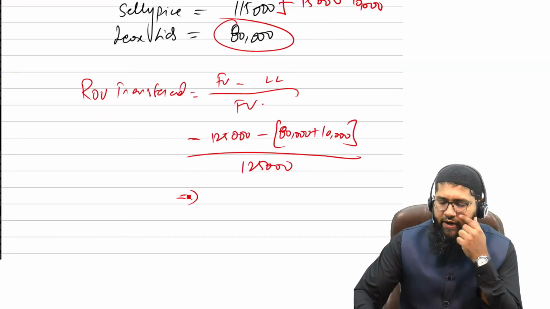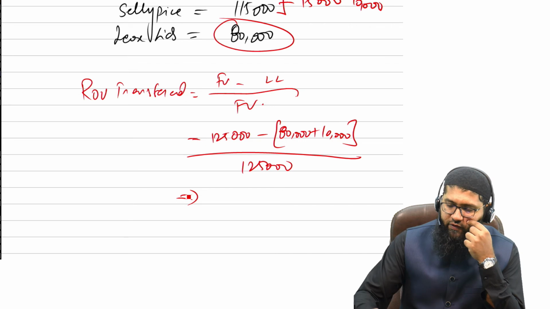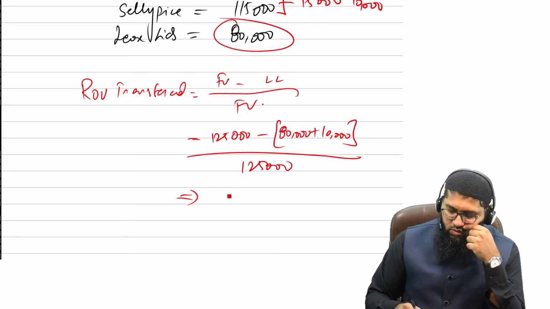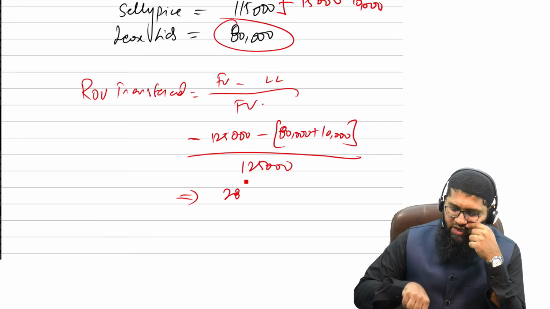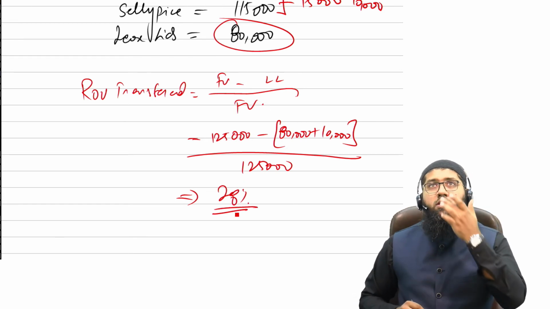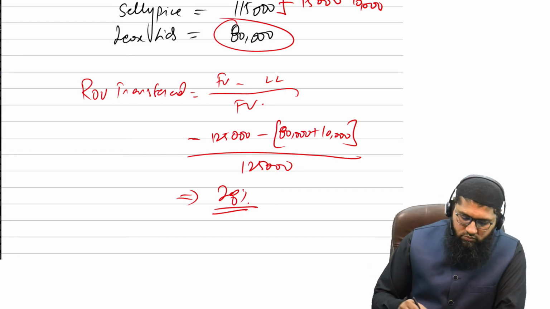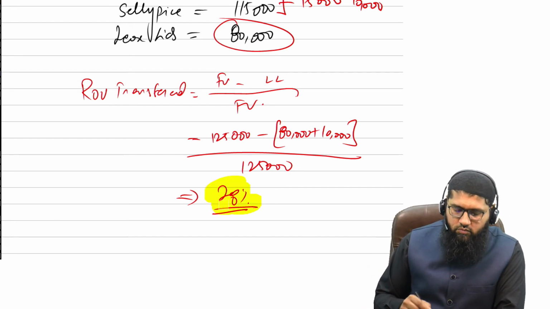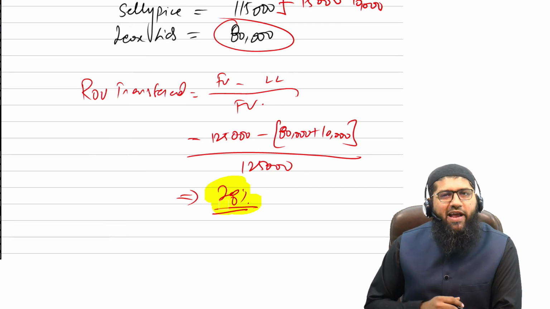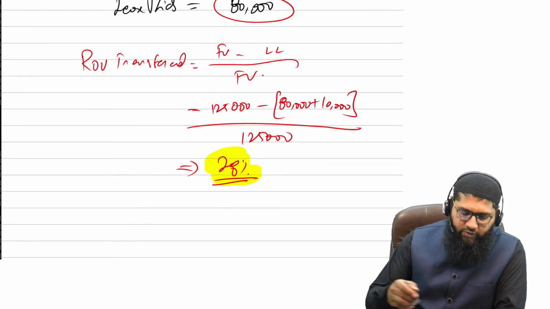When you calculate this right of use of the asset transferred, it's going to be 28%. I repeat, it's going to be 28%.